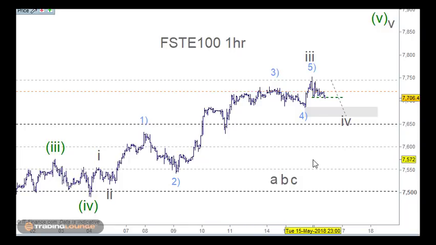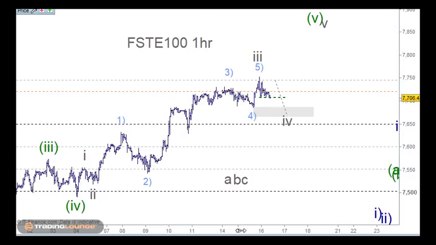Even though I've got this count moving higher, we can still go with the European markets and look at this correction here. But if we get a move above 650 here, a retested resistance, then I know that I would have the wrong count. But I'm quite prepared to stay with this count until proven otherwise for the time being.